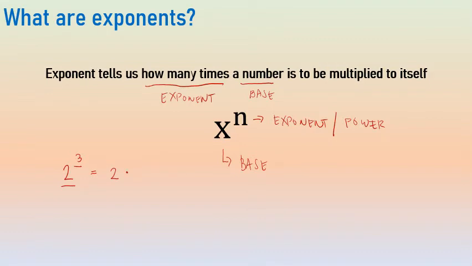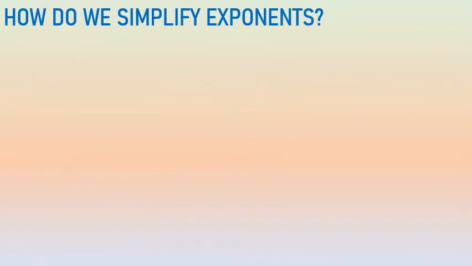So, this will be equal to 2 times 2 times 2. Or 2 times 2 is 4. Multiplied by 2 again, this will be equal to 8. Ganyan. Okay?